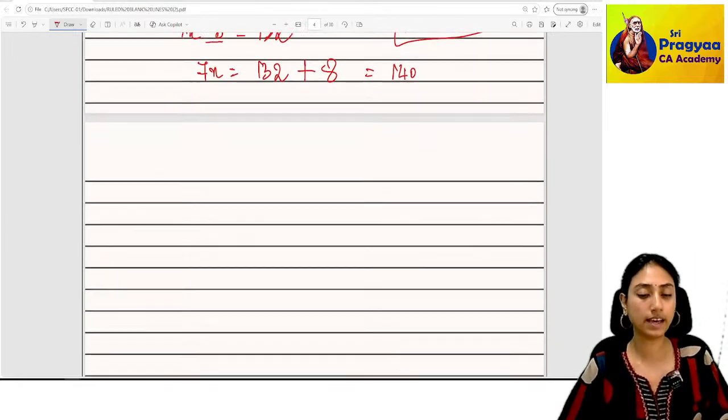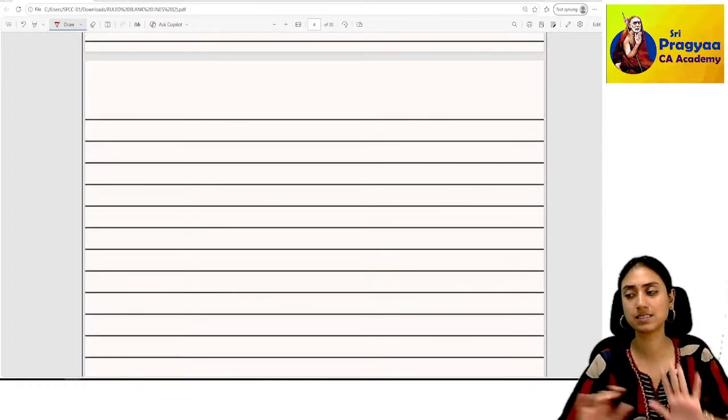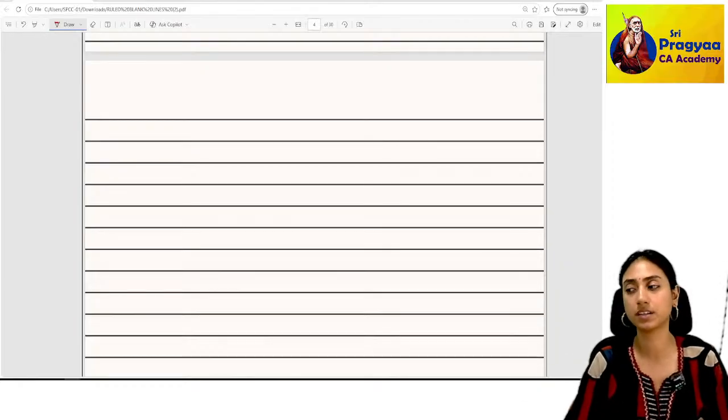Fair enough? Are you able to grasp the basics? This is literally the basics. What we have discussed is the basics of an equation.